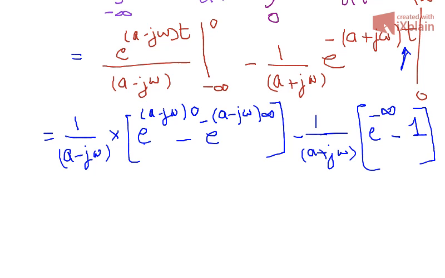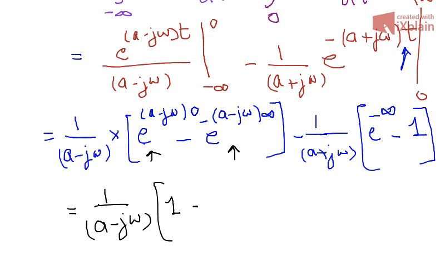So 0 minus 1. Now, e raised to the power 0 is 1, and e raised to the power minus infinity is 1 over e raised to the power plus infinity, and basically this term would be 0, right? Similarly this term is also 0 in the upper limit.